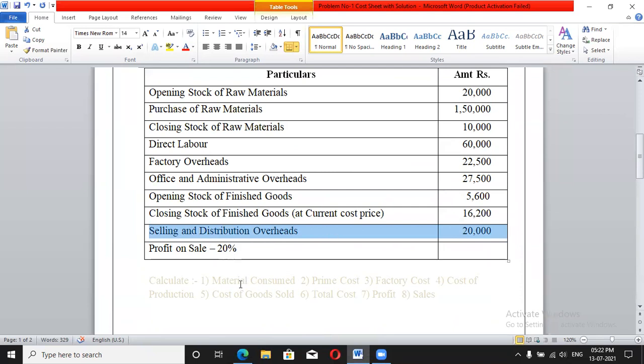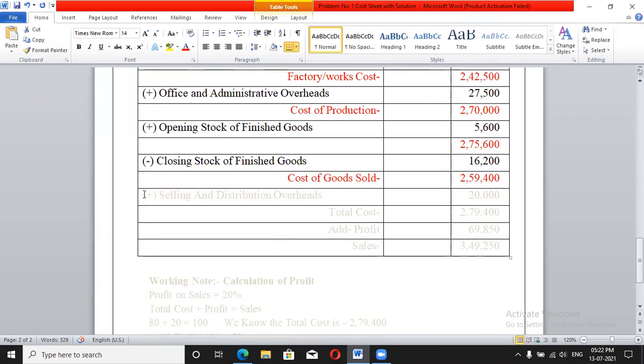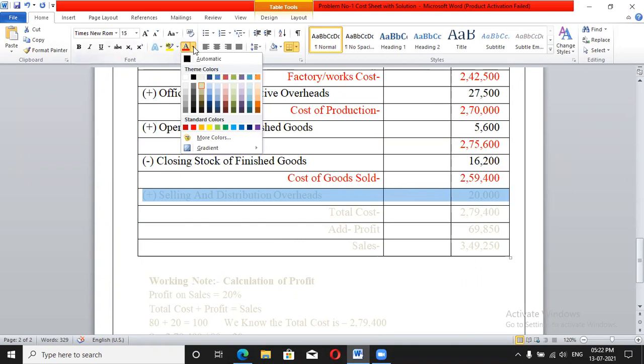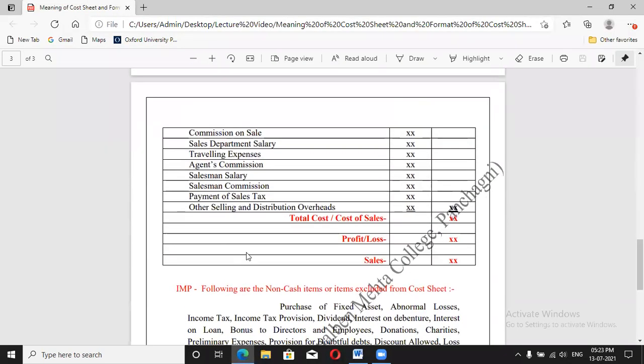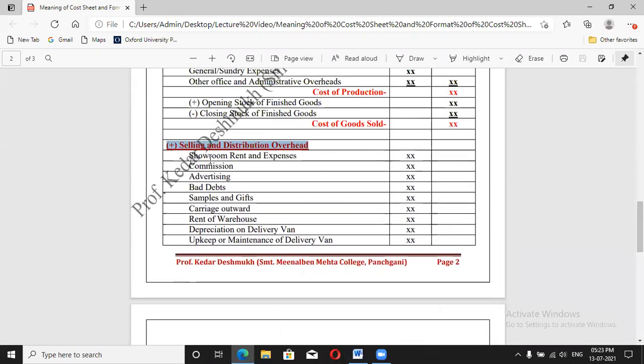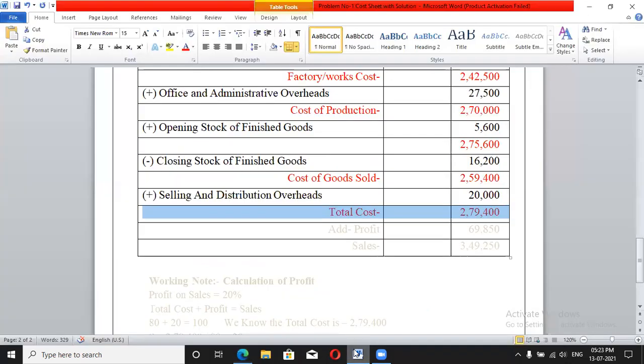Overhead means expenses, so it should be added to cost of goods sold. 2,59,400 plus 20,000, then we get the amount of total cost, which is 2,79,400. Let's see the format. By adding the selling and distribution overhead to cost of goods sold, we get the amount of total cost.